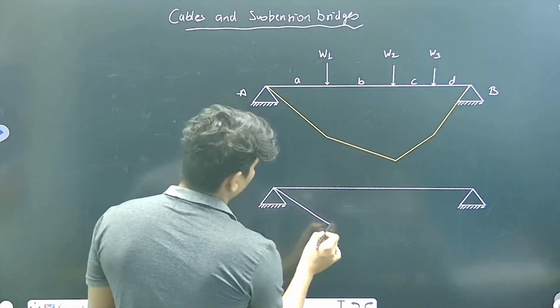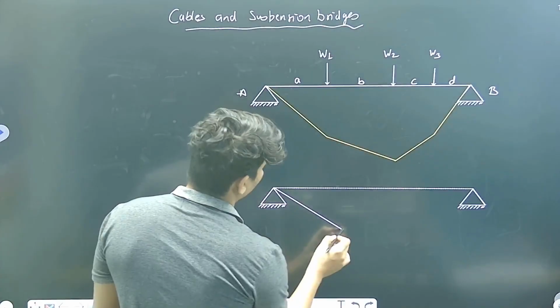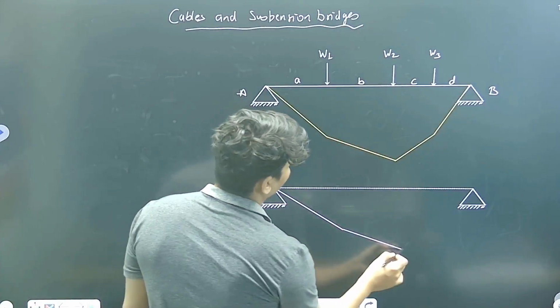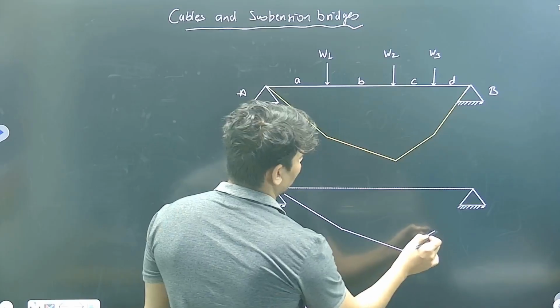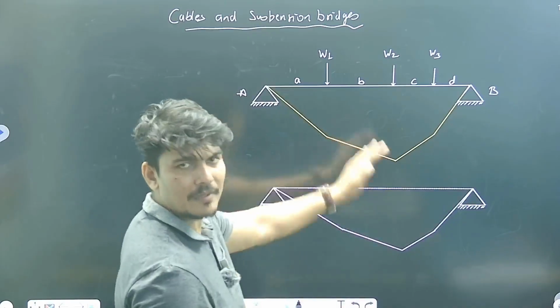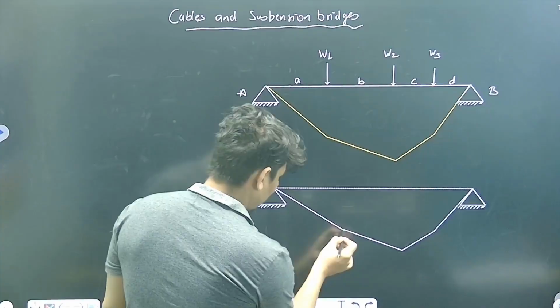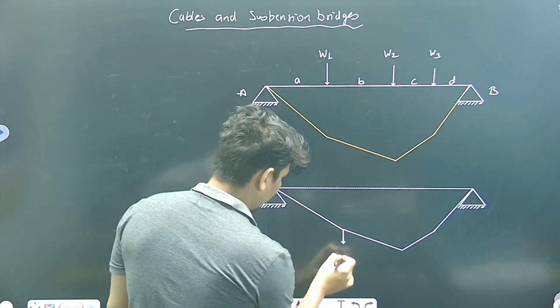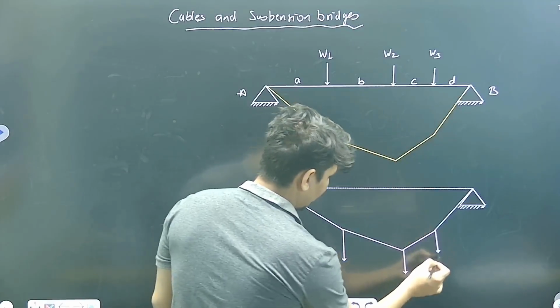It may be like this. This is the deflected shape after application of load, so the load W1, W2, W3, right?